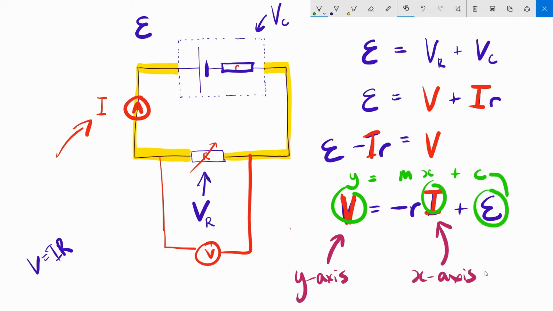So your EMF, which is a constant, is going to be the y-intercept. And the internal resistance of the cell is also a constant, and minus r is going to be the gradient. That's why you do it.